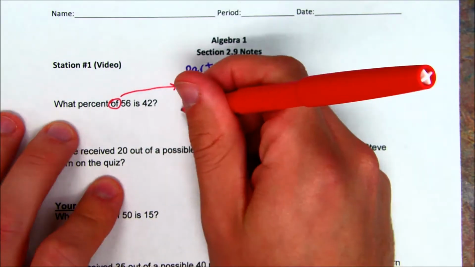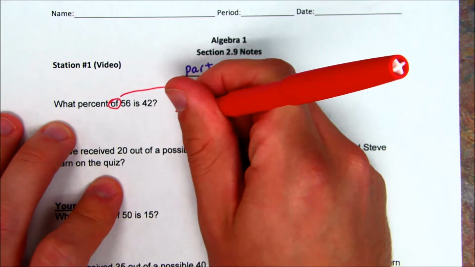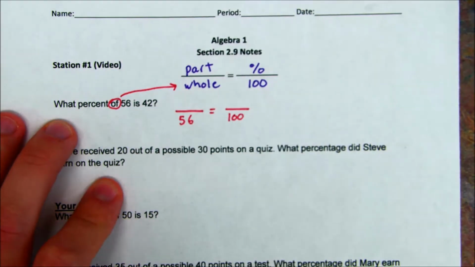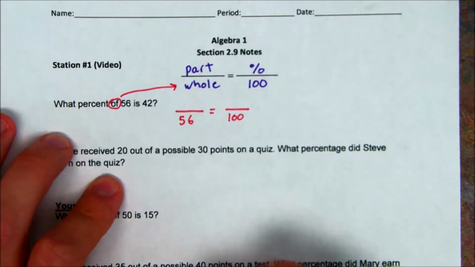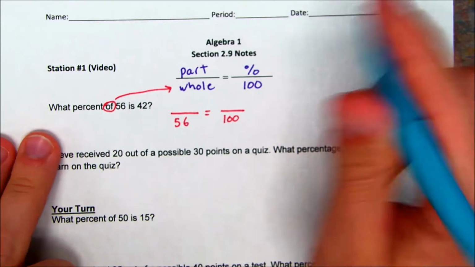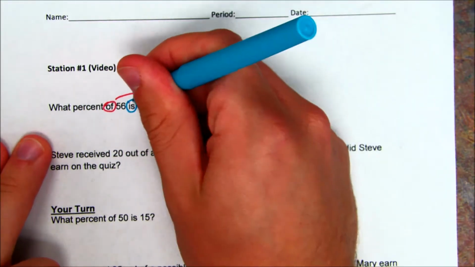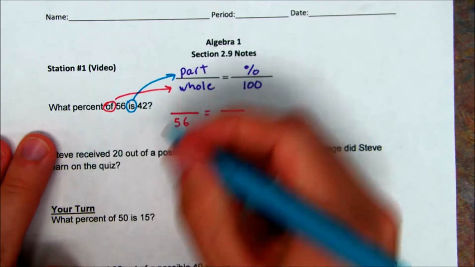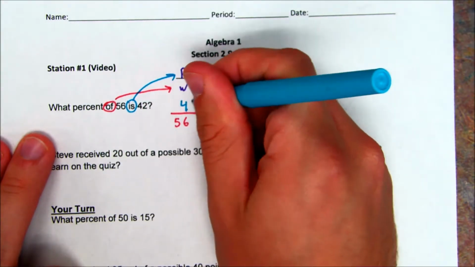So when I set up this proportion, I'm going to have 56 on the bottom. Now, the other word that's really important when I'm looking at percent problems is the word is. The word is refers to the parts.